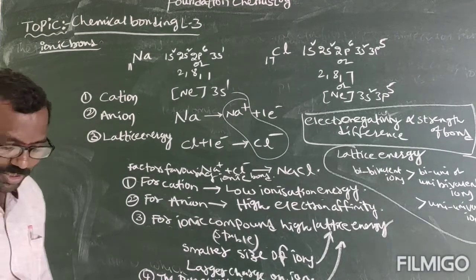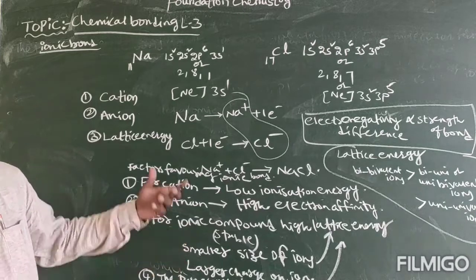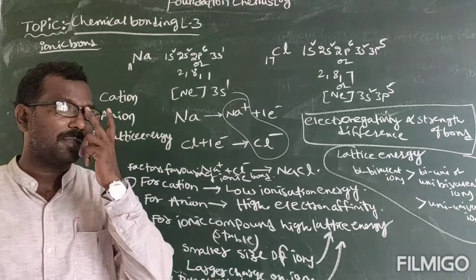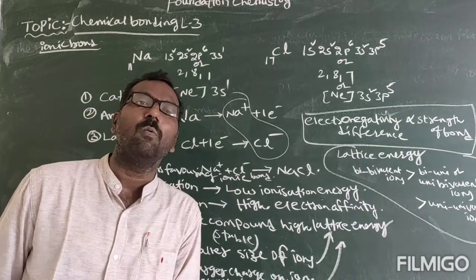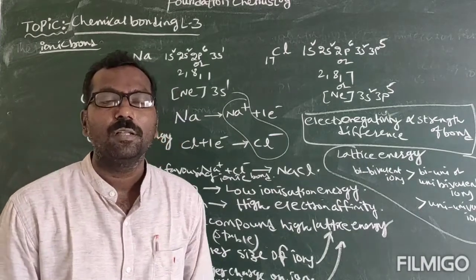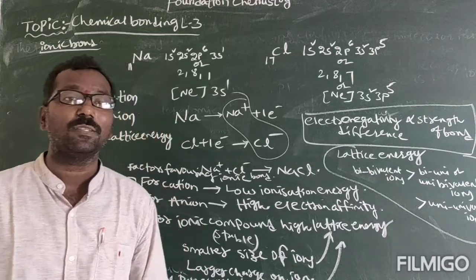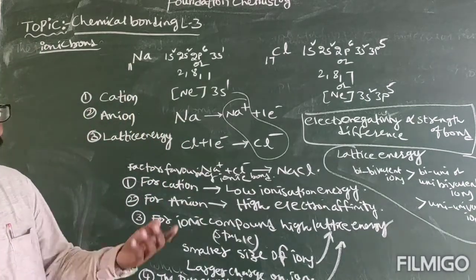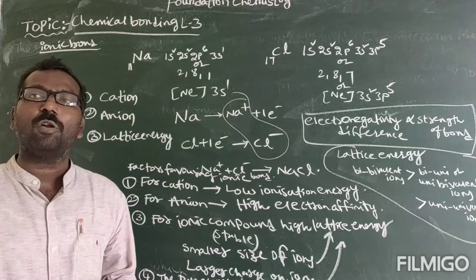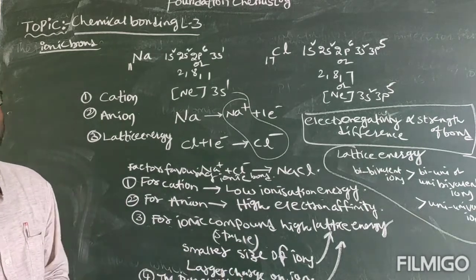So the major points we can get from this concept are, first, for an ionic bond to form, the major condition is that the electronegativity difference should be at least 1.9. If it is more, it means a strong bond.